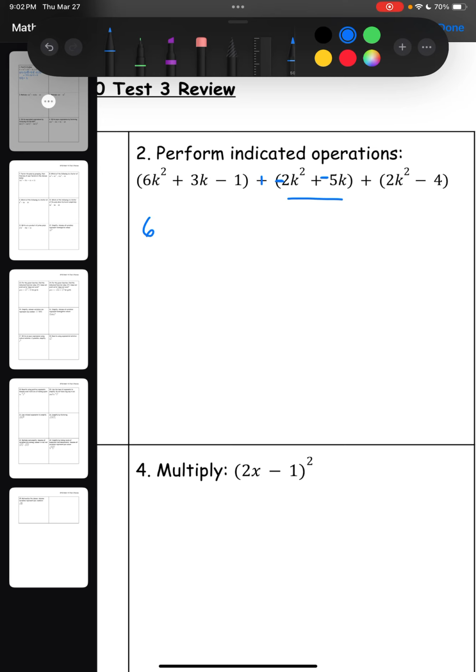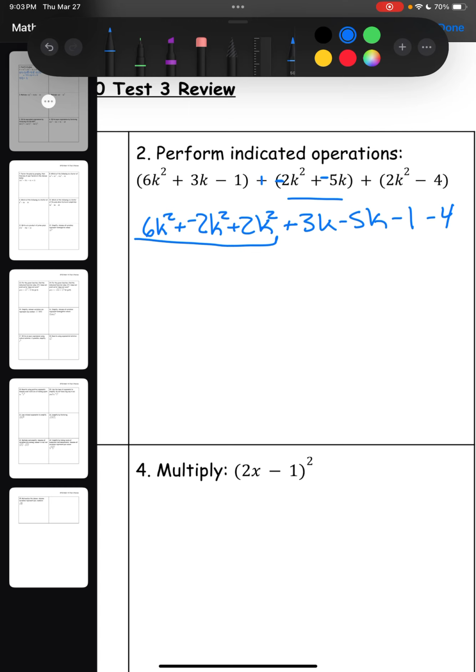So we have 6k squared plus -2k squared plus 2k squared, right? Then, going to our k's, we have 3k minus 5k. Then we're left with a -1 and -4. So let's simplify this first part here.